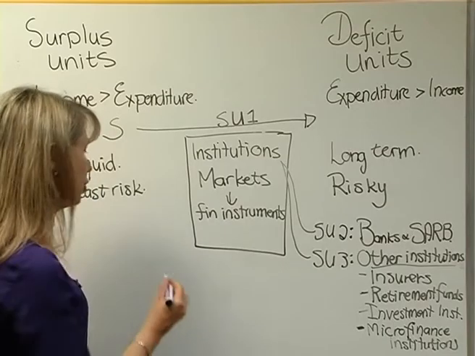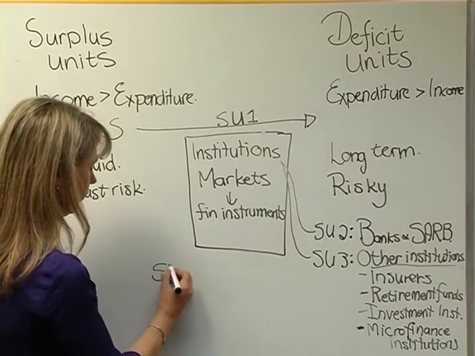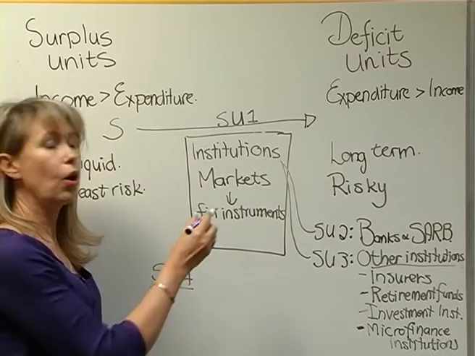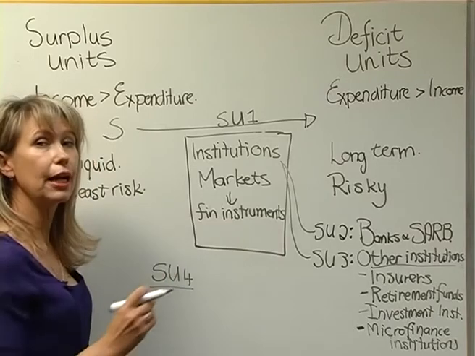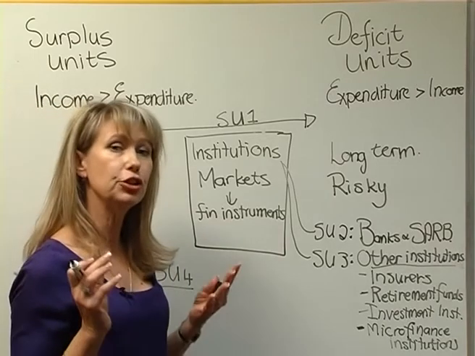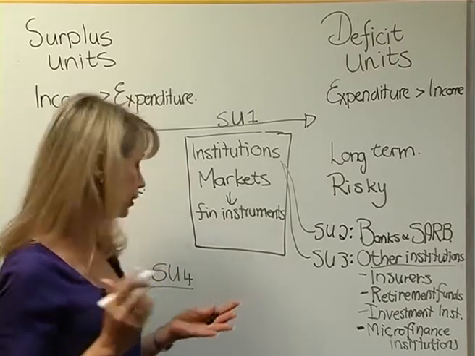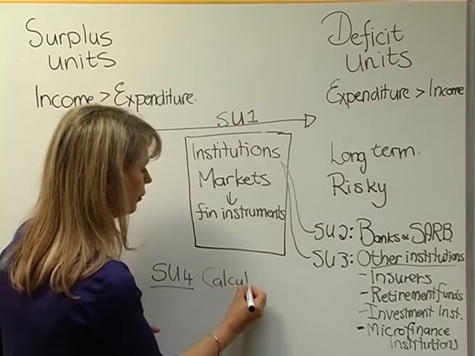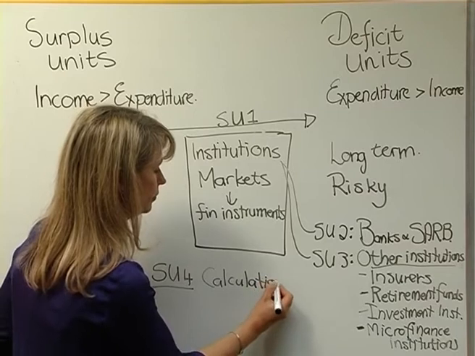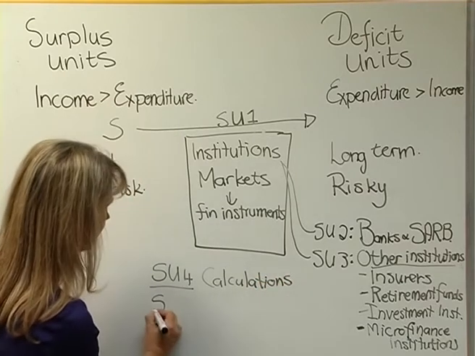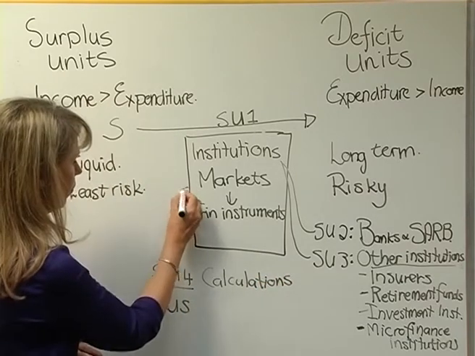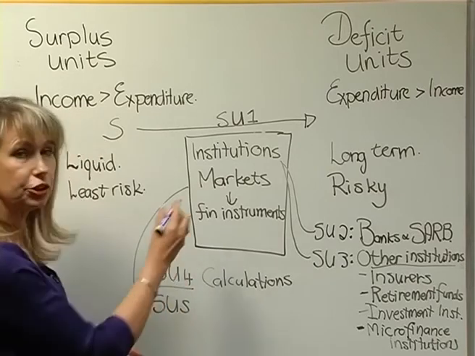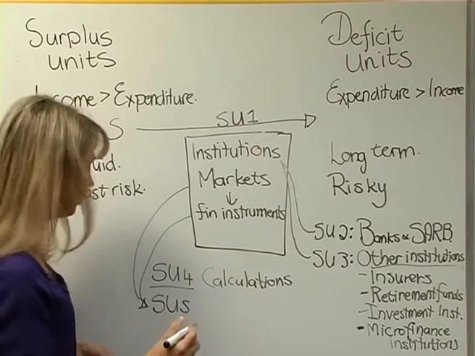Then in study unit 4, we're going to introduce you to the markets and instruments, but mostly we're going to do the calculations that you need to be able to do for this course. So study unit 4 is going to be about the different calculations. And then in study unit 5, we're going to look at the different markets and instruments, and we're going to apply these calculations.